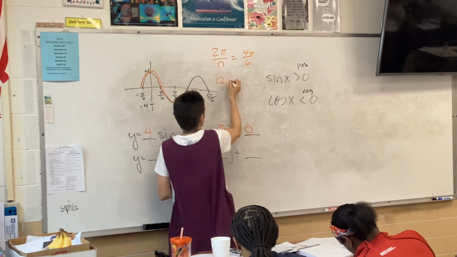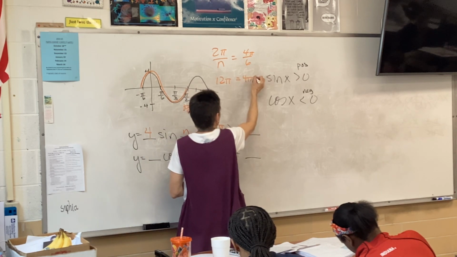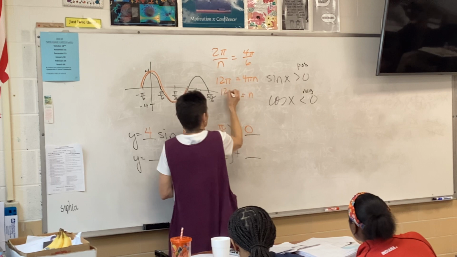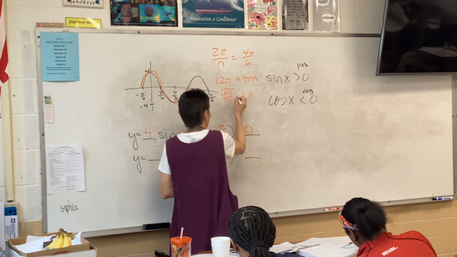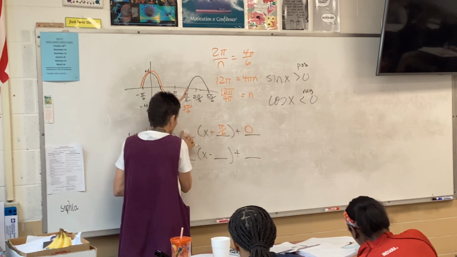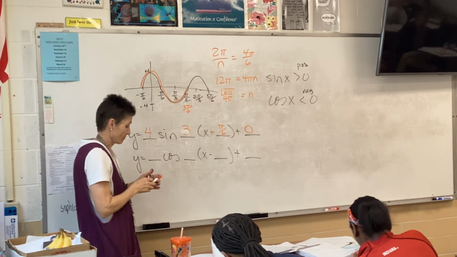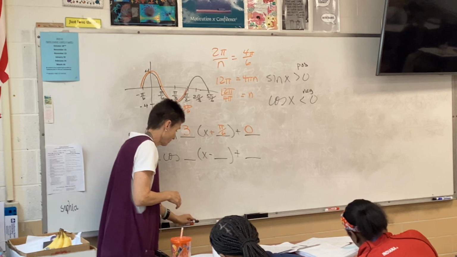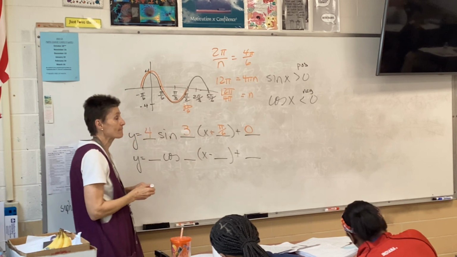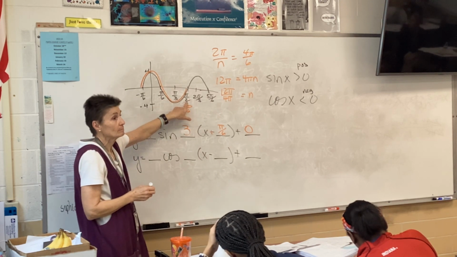Now figure out what the number has to be then. I'll just cross multiply. 12 pi divided by 4 pi is just 3. And there it is. Where did you get the 3/6? Is that 1/2?